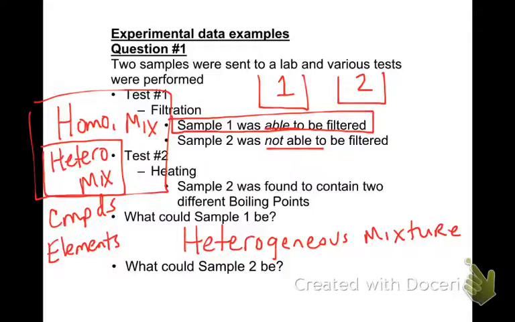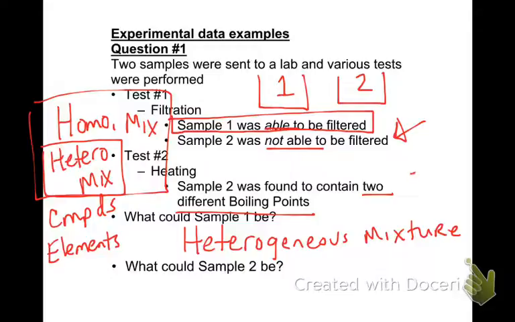Next, we have heating. We took sample 2 and we heated it, and we found that it contains 2 different boiling points. Okay. So if it was not able to be filtered, that means it could either be a homogeneous mixture, it could be a compound, or it could be an element. But it was found to contain 2 different boiling points.